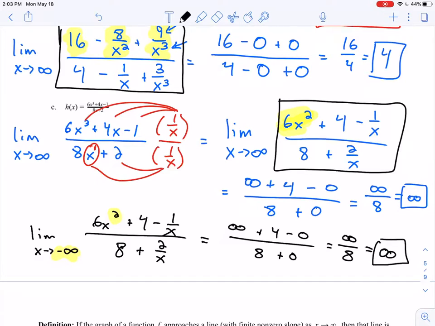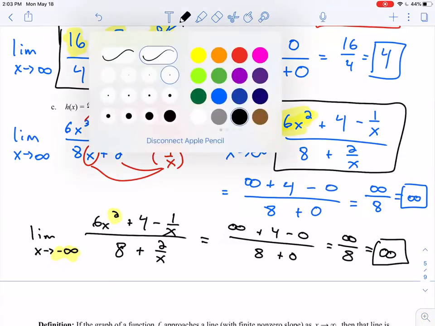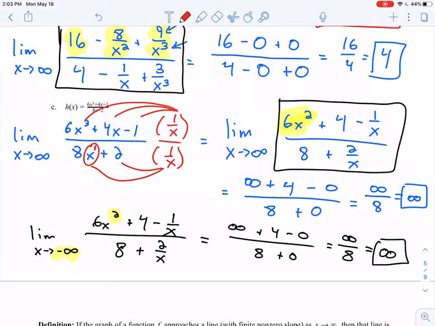It is possible for us to have different end behaviors on both the left and the right-hand side, which is why it's so important that we check both of them. For the last part of this problem, then, we need to determine the horizontal asymptotes, if we have any. Well, as x approached positive infinity, the y value also approached positive infinity.